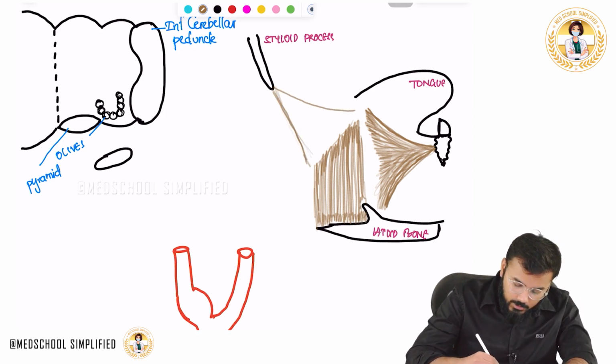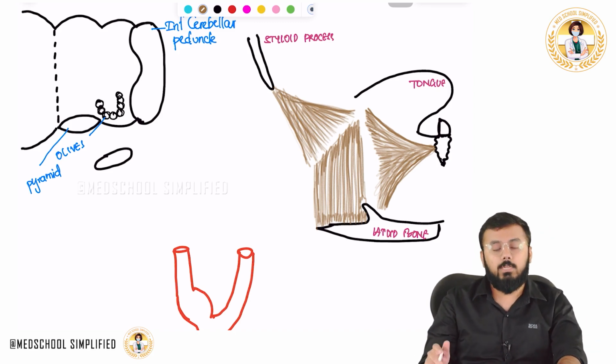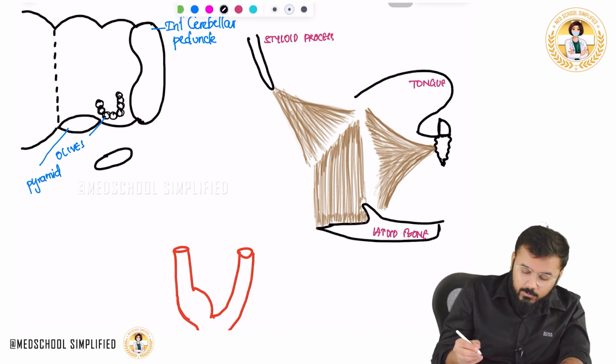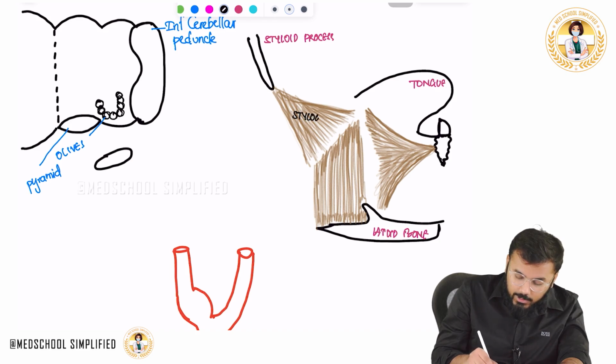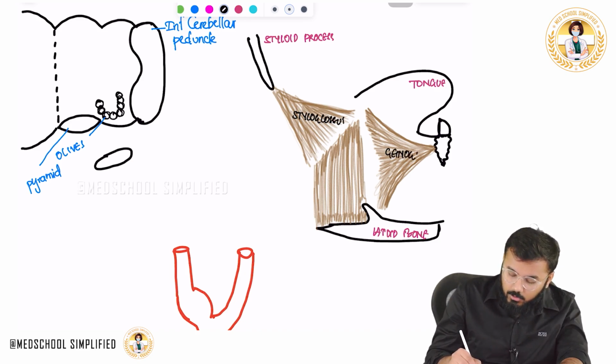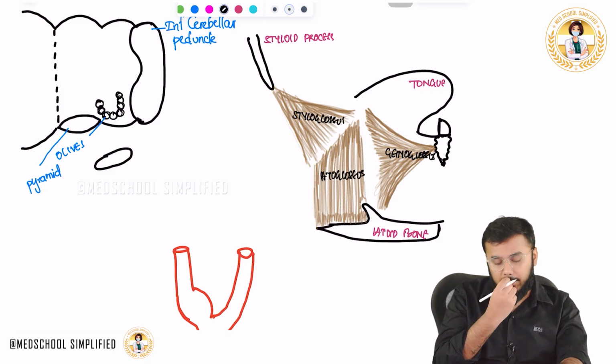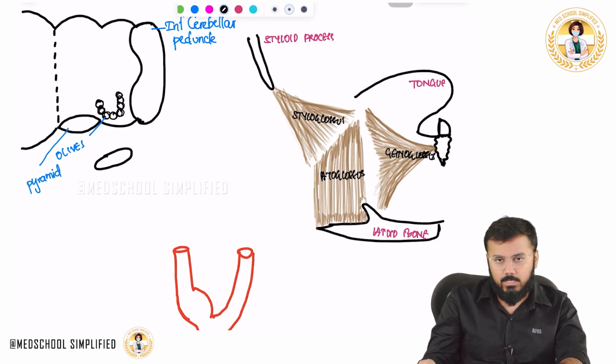This muscle over here is called your styloglossus muscle. So let me write down the names of these muscles. This one is called your styloglossus, and this is called your genioglossus, right? And this is called your hyoglossus. So there are three important muscles: styloglossus, genioglossus, as well as hyoglossus muscle.